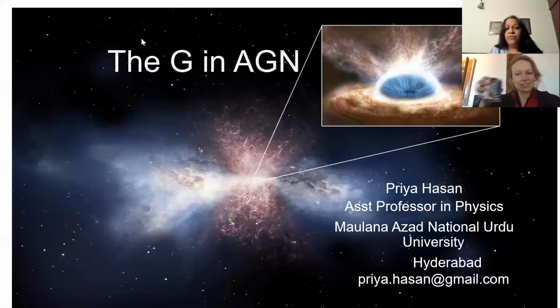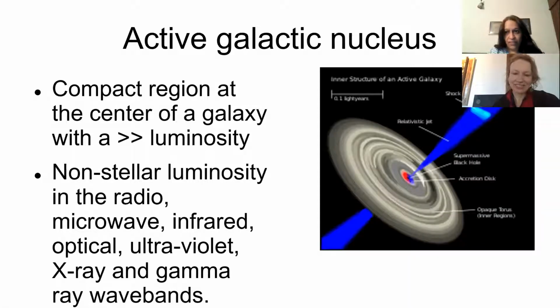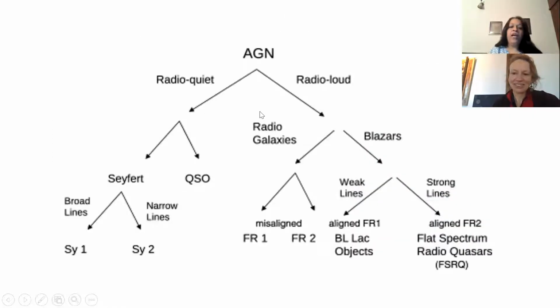Now, what we did in this work was to study the G, that is the galaxy in the AGN, to basically study what an active galactic nucleus is and what kind of galaxies you actually see active galactic nuclei in, right? So the study was basically to study the G in the AGN. Now, there are various different kinds of AGN.